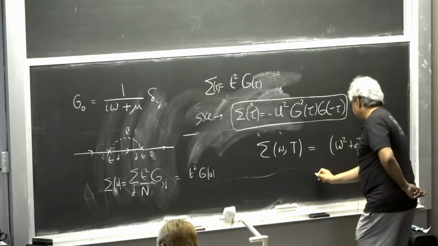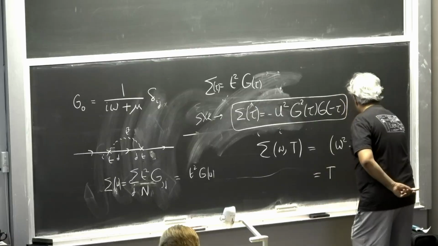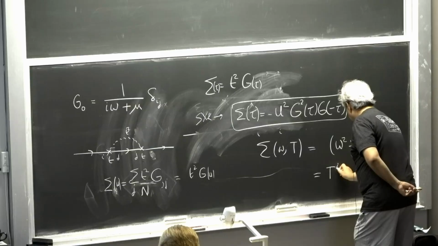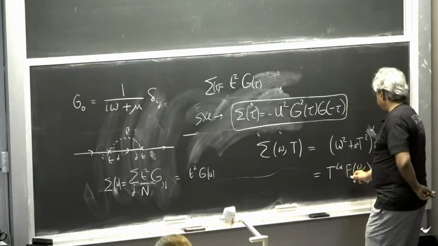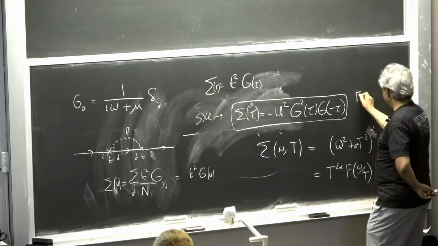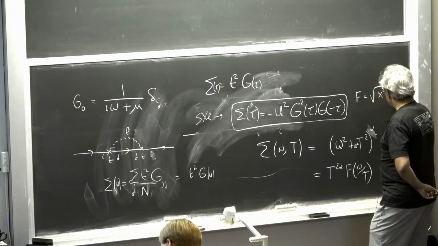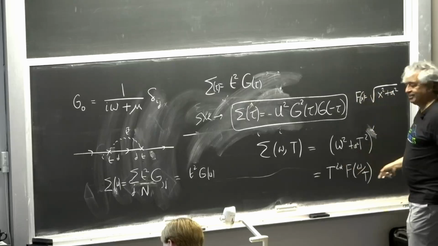Now you can also write this as T to some constant alpha. You can write this as T to the 2 alpha times some function of omega over T. And in this case, the function F of x is just square root of x squared plus a squared or something. Okay. I'm sorry. You can see down here.